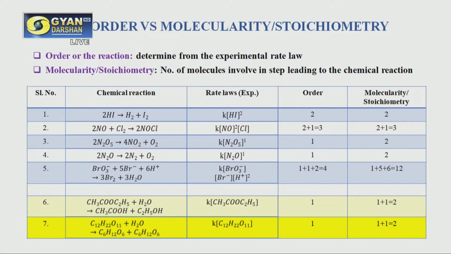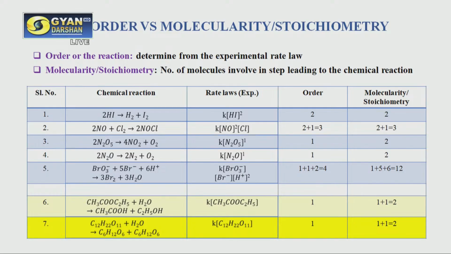But in all cases the order and the molecularity of the reaction need not be the same; they can be different. Let's take another example: 2NO plus Cl2 gives 2NOCl. Here the order of the chemical reaction is 3 as well as the molecularity is also 3.